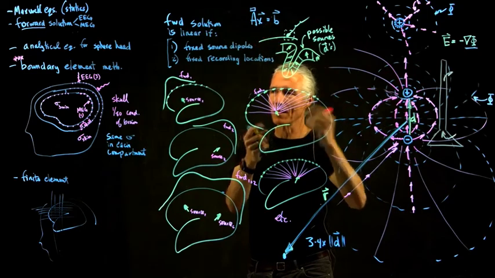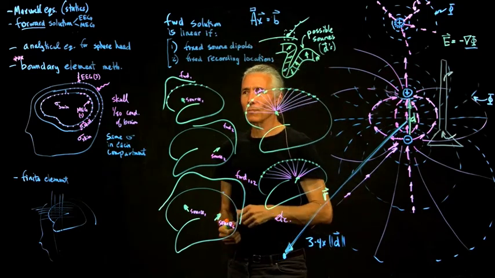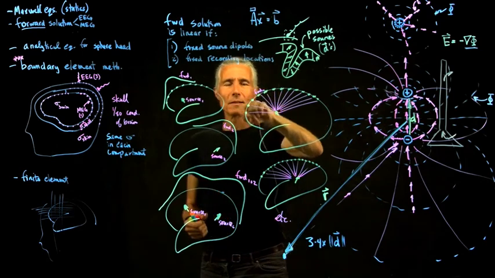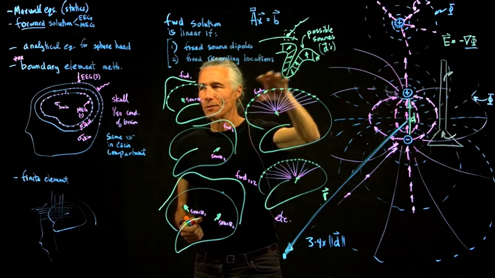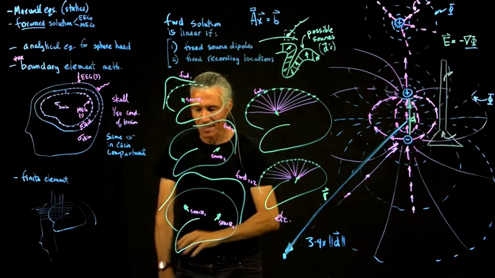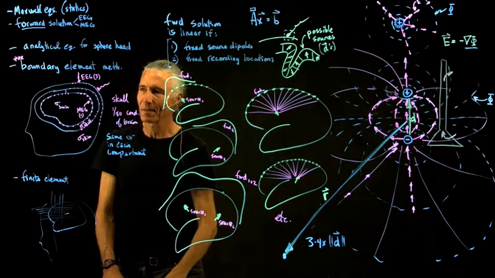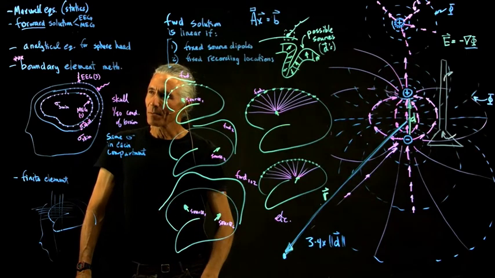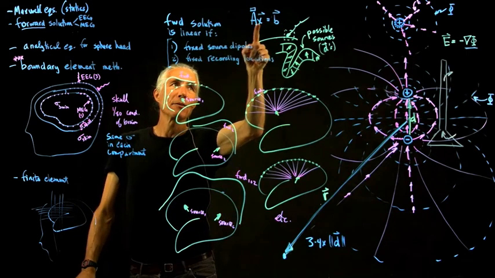what sensor distribution we're going to observe. That's why it's so great to be linear. And it's also easier to do a linear inverse.